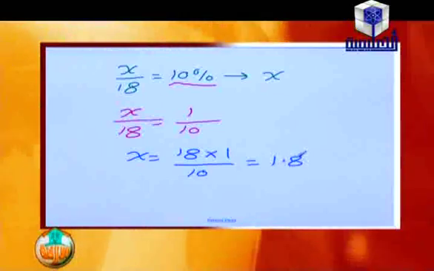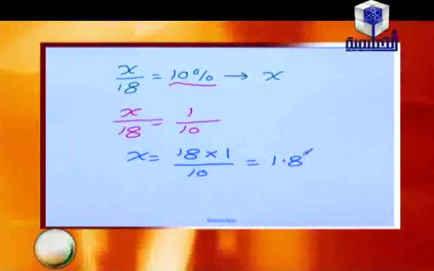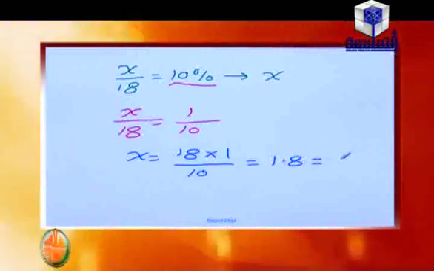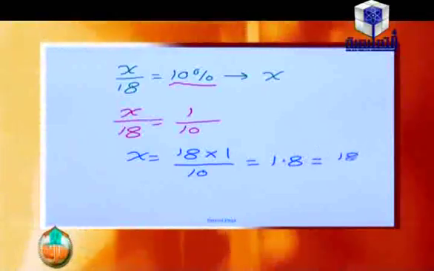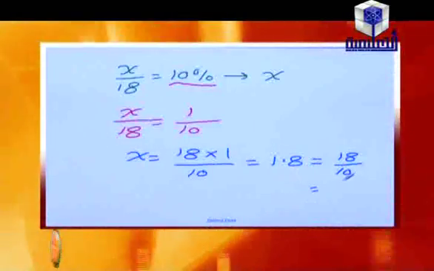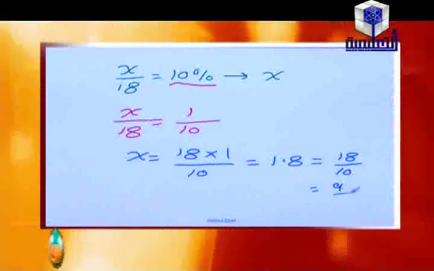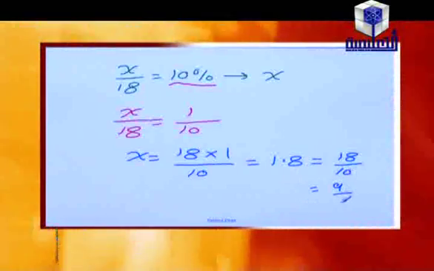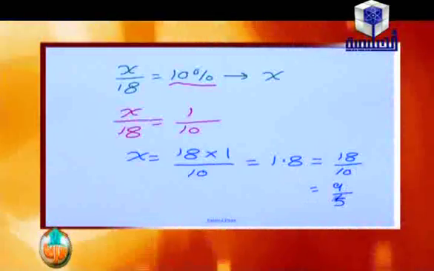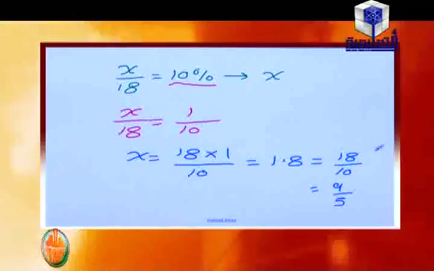We can also find the value of x in a fractional form by simplifying: 18 over 10, divide both numbers by 2. 18 divided by 2 equals 9, and 10 divided by 2 equals 5. So x equals 9 over 5. If you want to convert it to a mixed number, it will be 1 and 4/5.